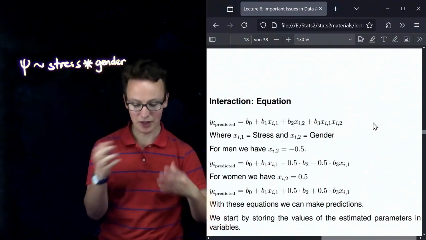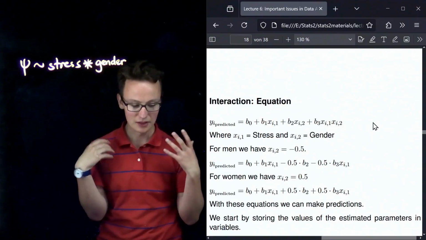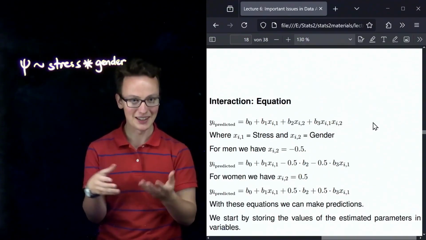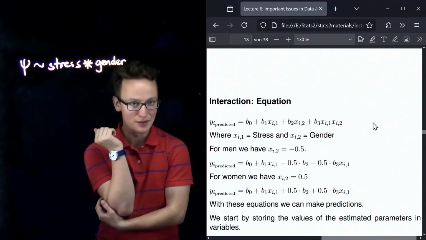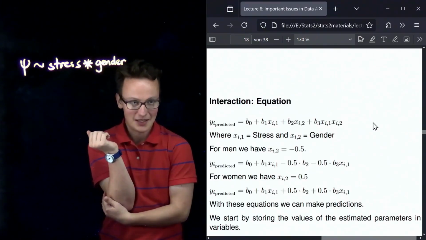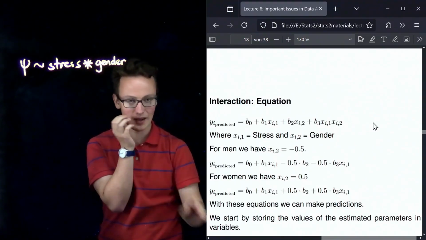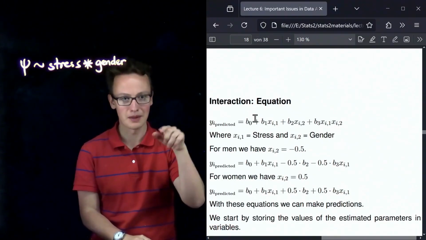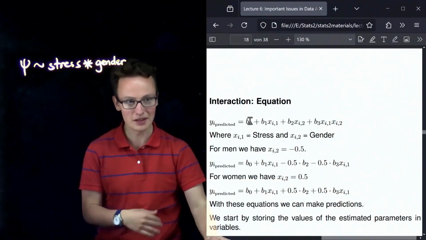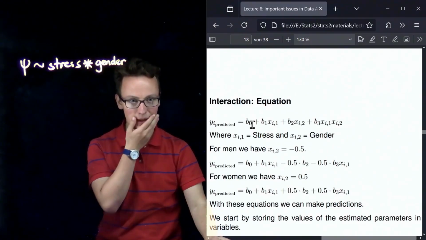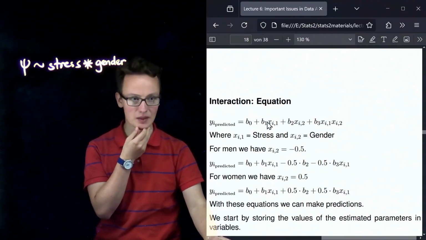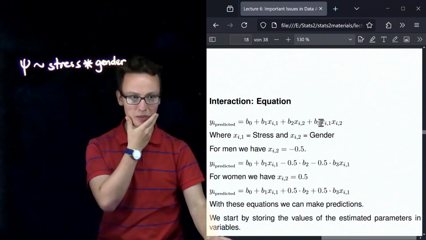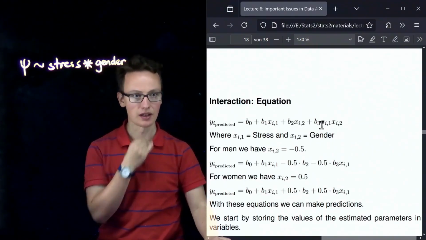Because it's the predictions that we can get after fitting and estimating the parameter values for the betas in a particular sample, we also don't write just beta, but we write b, which is another way to write beta hat, okay? So the B0 is our estimate for beta 0, B1 is our estimate for beta 1, and so on. So B2 and B3 are the estimates for beta 2 and beta 3.